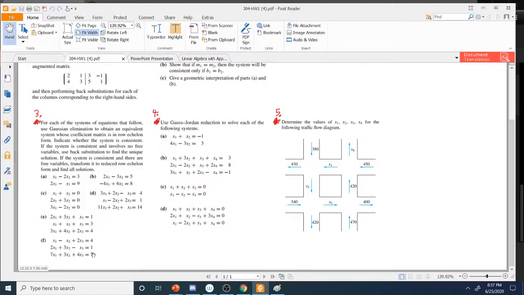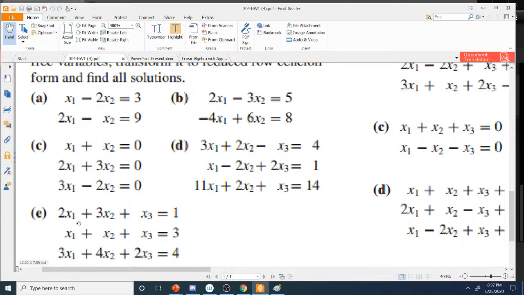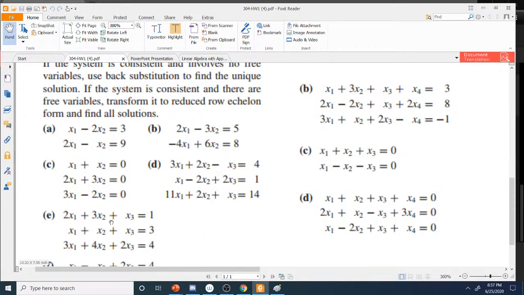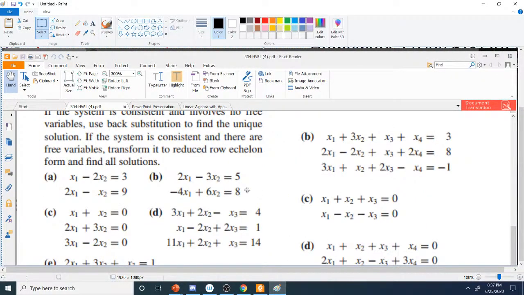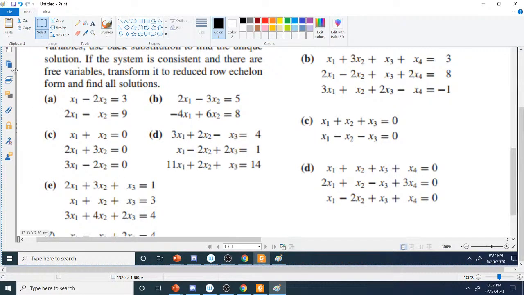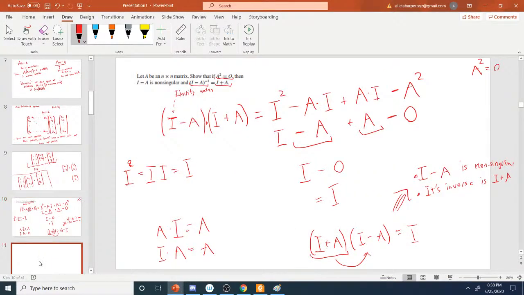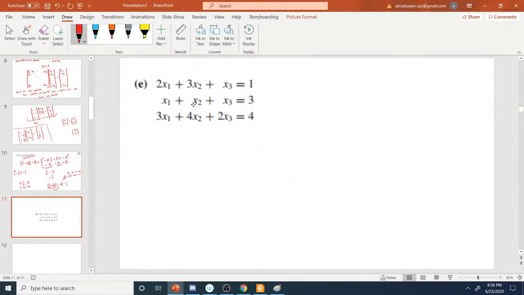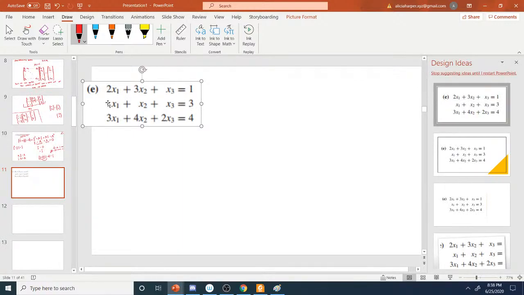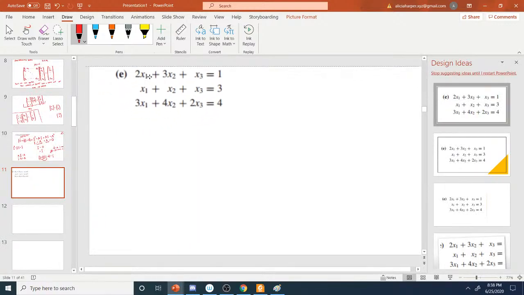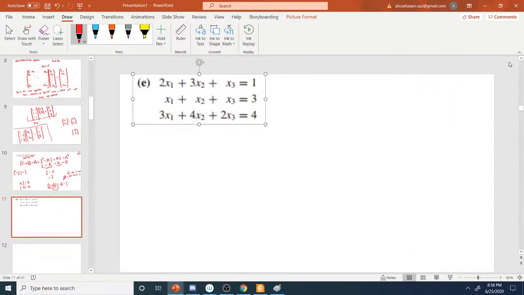How about we look at E here, and we try to solve this with back substitution. This is from homework 1, and the associated question is to solve the linear system.